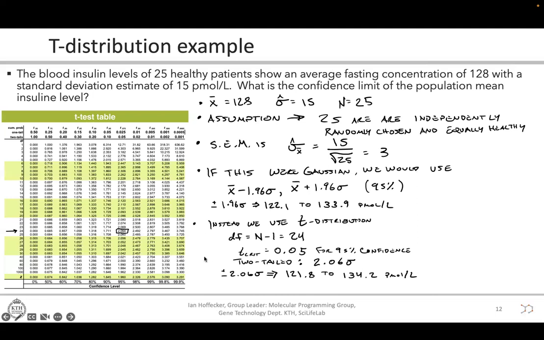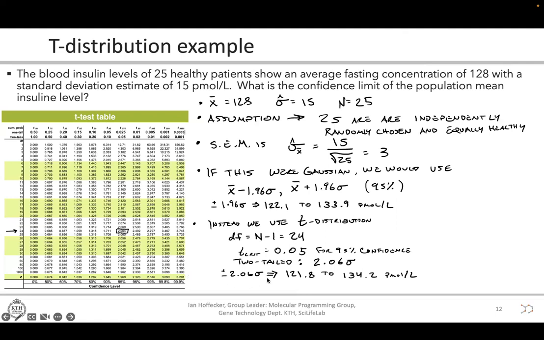And we want 95% confidence, so we know that's going to be this column here. And then for the two-tailed case, we're using the two-tailed table, we have 0.05 here for two tails. So we get a t statistic of 2.064 in this case.